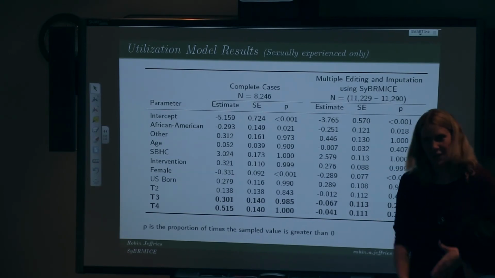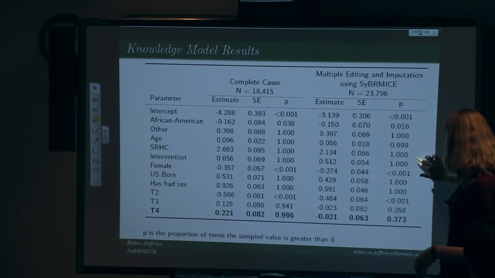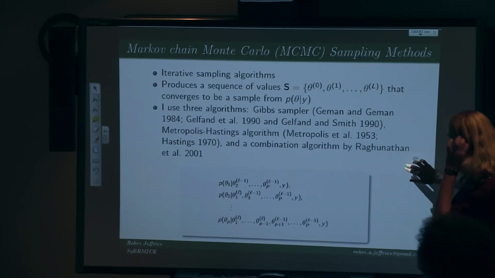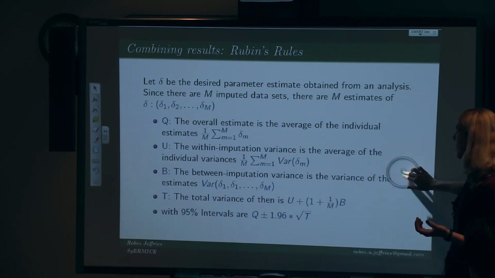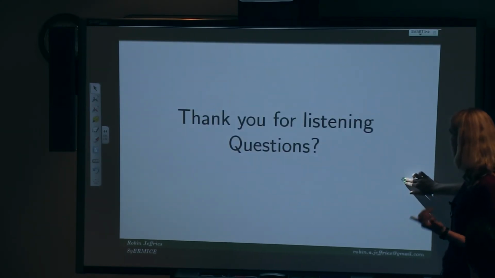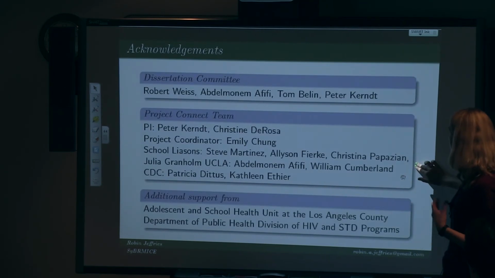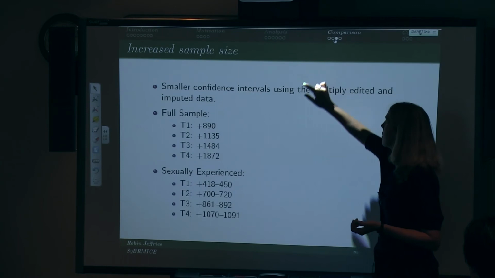The intervals are smaller. Part of that is because there was not dropout toward the later end of the study, but more missing information, more missing values in the later years, T3 and T4, compared to T1. So the percentages were different.